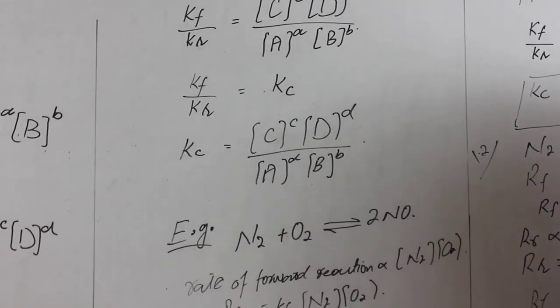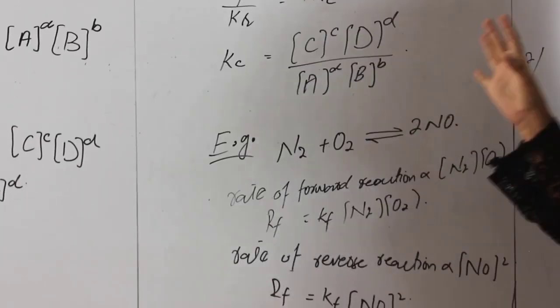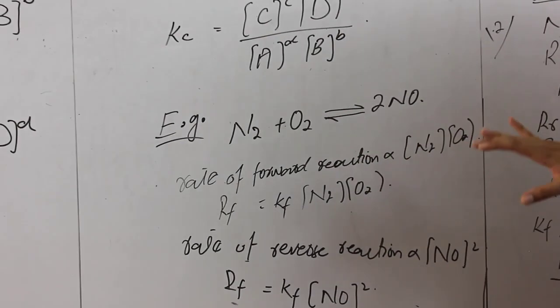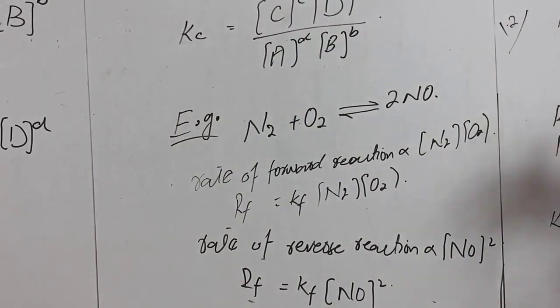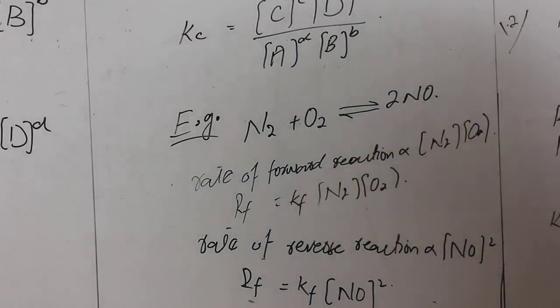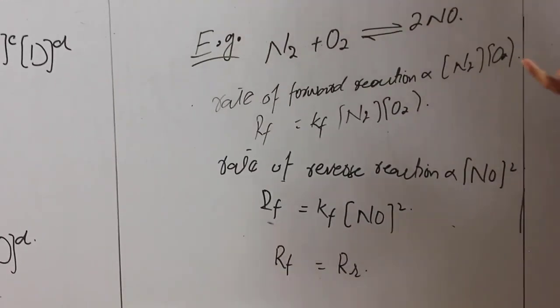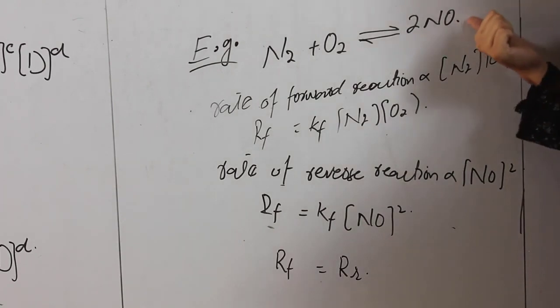Next we discuss examples. That was only the general expression, but if we apply it to different types of equations, how do we get the equilibrium constant? In this case we take nitrogen and oxygen. One mole of nitrogen and one mole of oxygen react with each other and form 2 moles of nitrogen oxide.